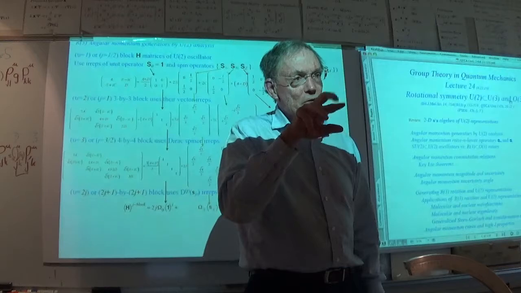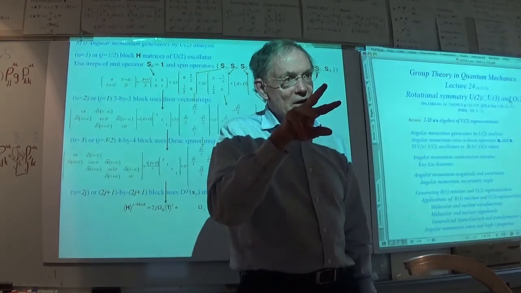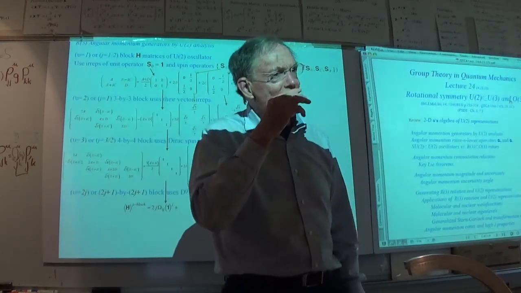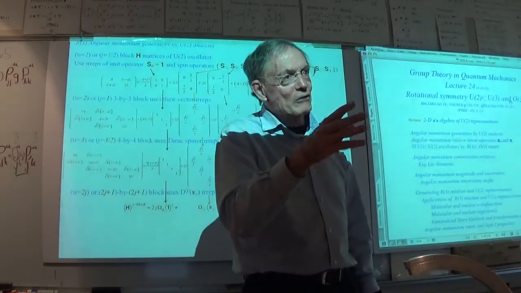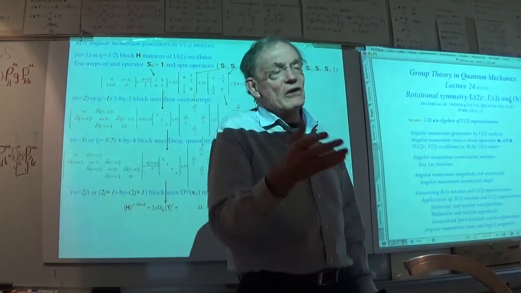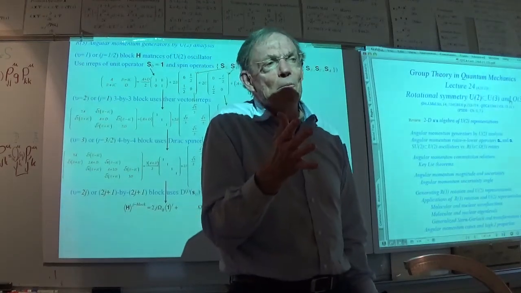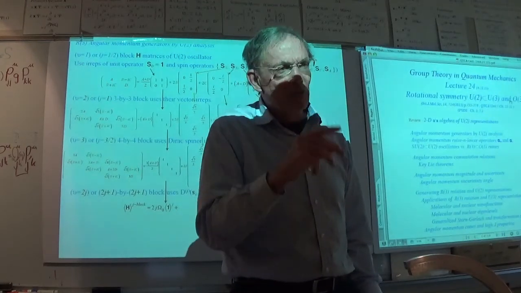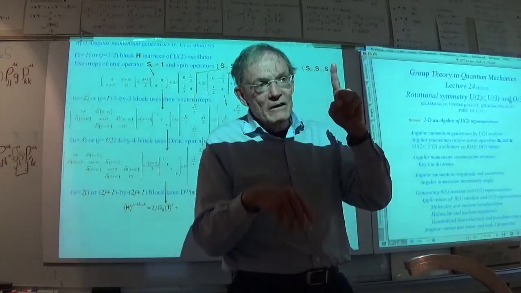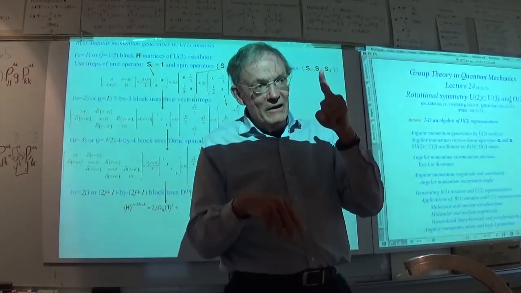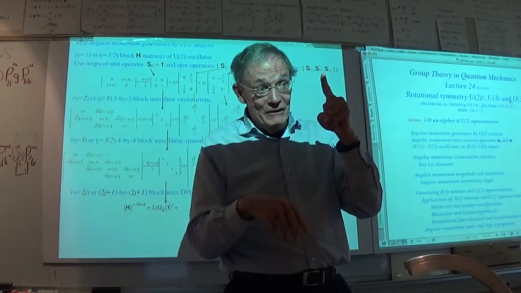Because each one of them could do 2 dimensions, if you're thinking about vibrations. So the order of the group was 6. But a 6x6 matrix would be reducible. It would be reducible to 1 by 1, A1. Another one, 1 by 1, A2.